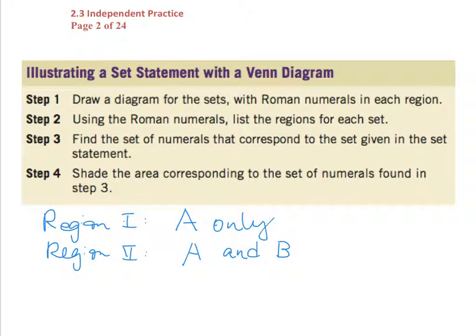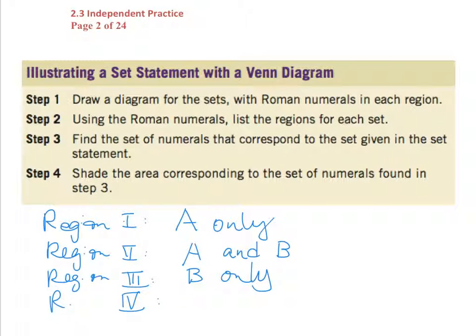In this case, we're only talking about 2 circles. And then we will have region 3. Region 3 represents the elements in B, but not in A. So region 3 is B only. And then finally, we're going to have region 4.